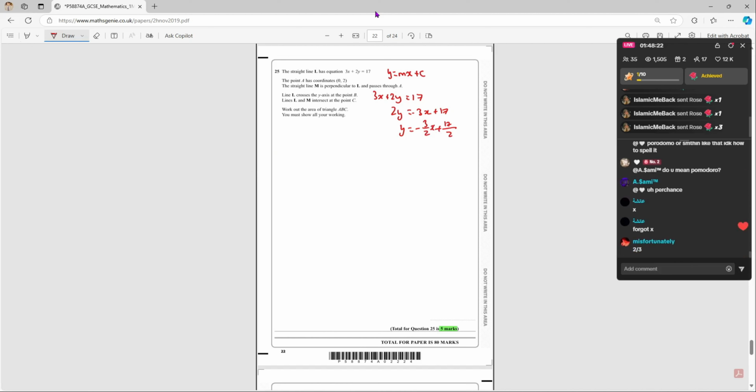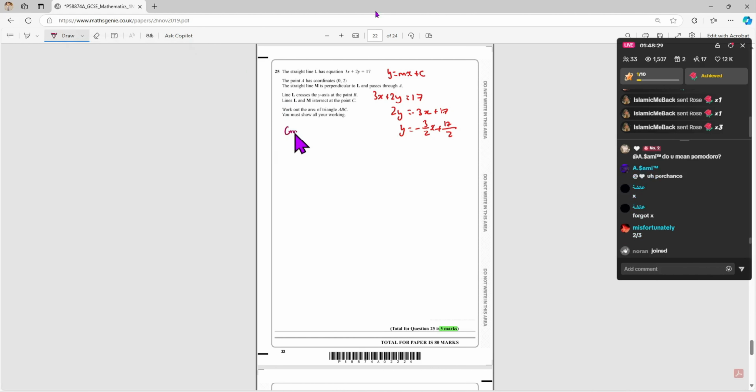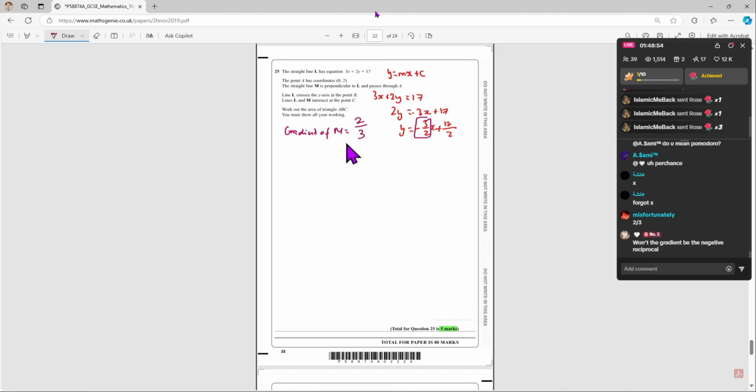So if our lines are perpendicular, the gradient of line M is going to be equal to what? 2 over 3. Yes, the gradient is going to be the negative reciprocal. This is our gradient for line L, which is -3/2. The negative reciprocal of -3/2 is just 2/3.